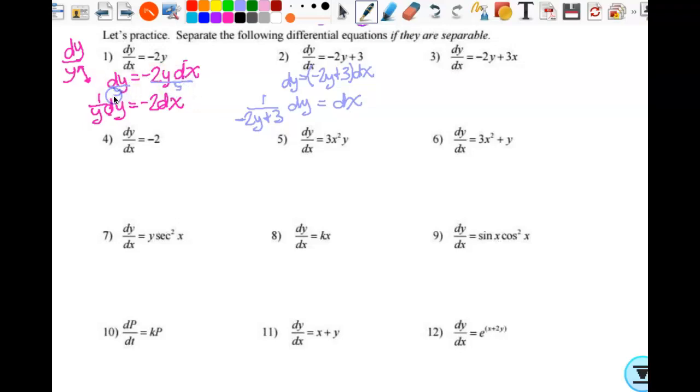That's what I did. And that's where I got 1 over y, and then those just canceled out there. Okay, so let's talk about what you did and why it doesn't work, because I'm pretty sure you're not the only one. So we had dy equals negative 2y plus 3 times dx. He did a beautiful job with his parentheses. Then he distributed. So we got dy equals negative 2y dx plus 3 dx.